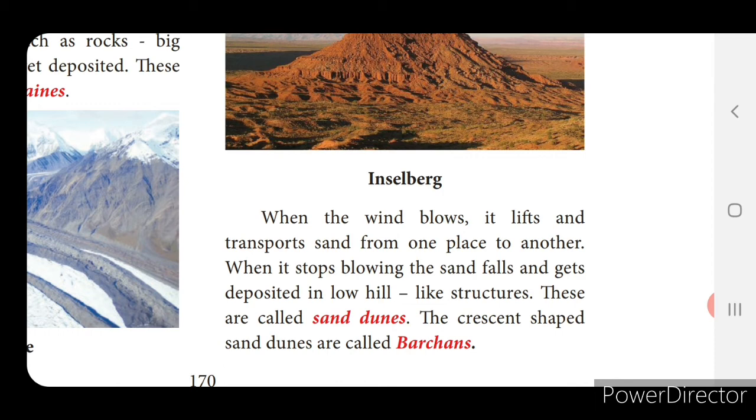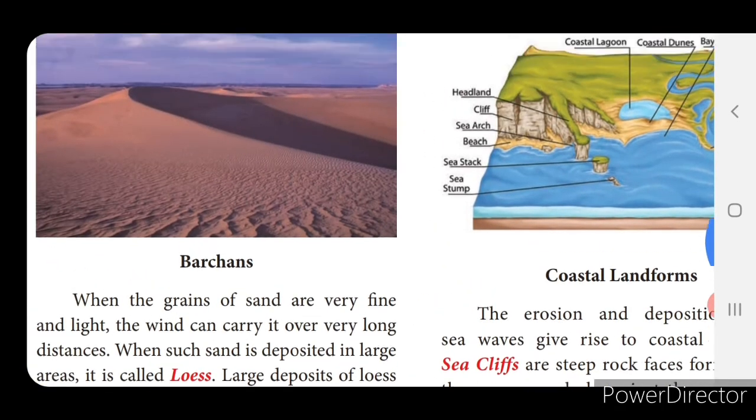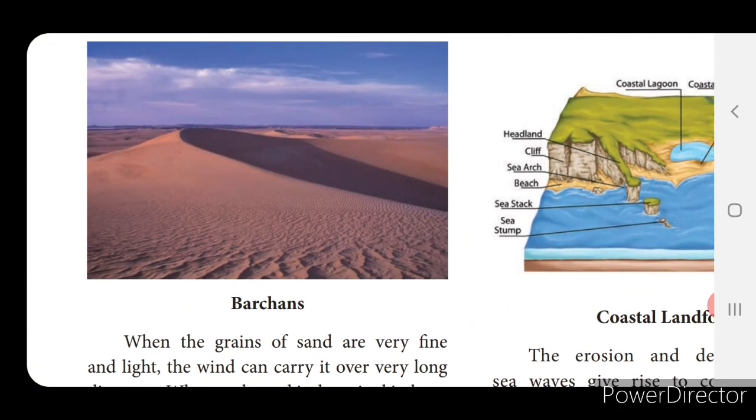The sand falls down and gets deposited in low hill-like structures, and these are called sand dunes. The crescent-shaped sand dunes we call barchans. You can observe this picture. The shape of that sand dune is like a crescent, so we call it a barchan.